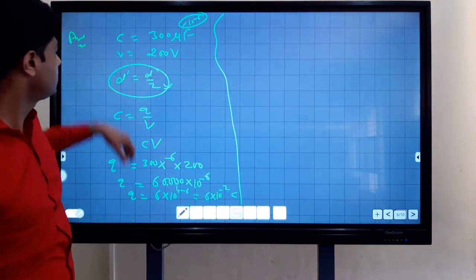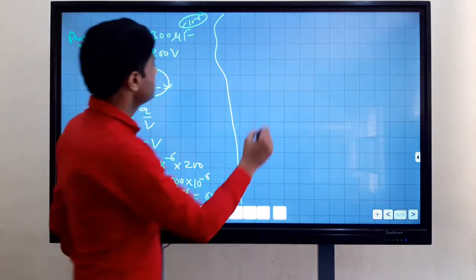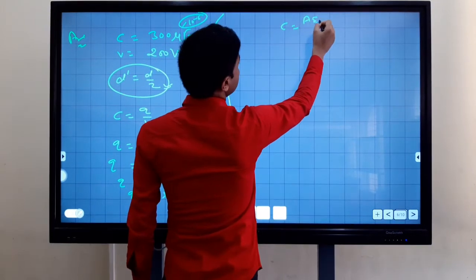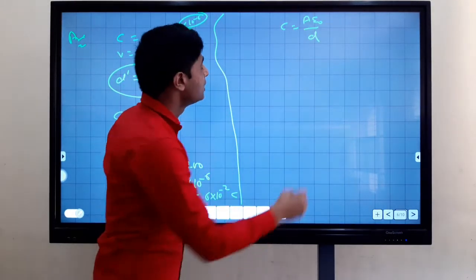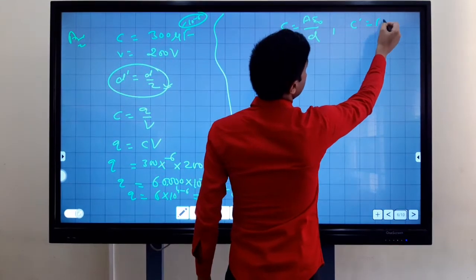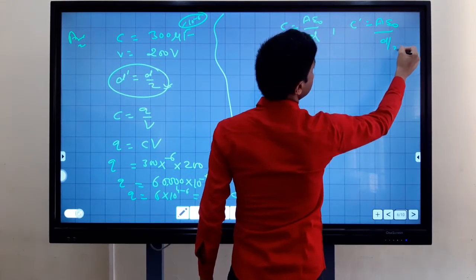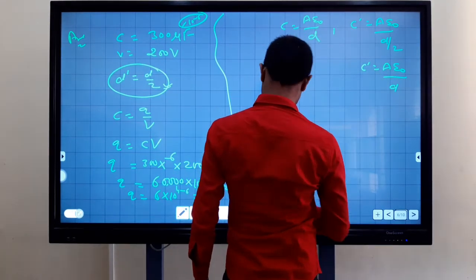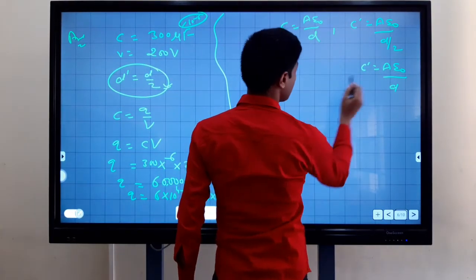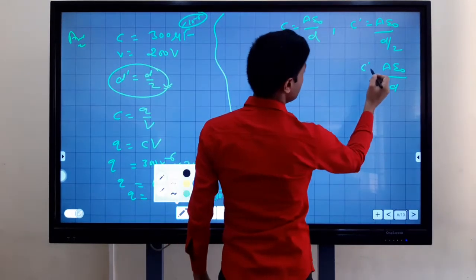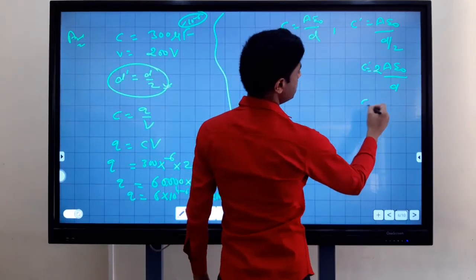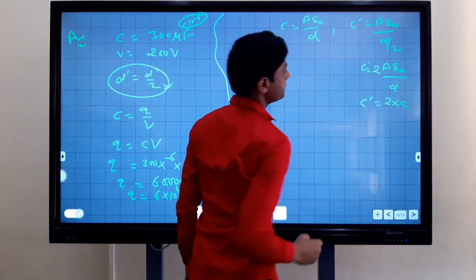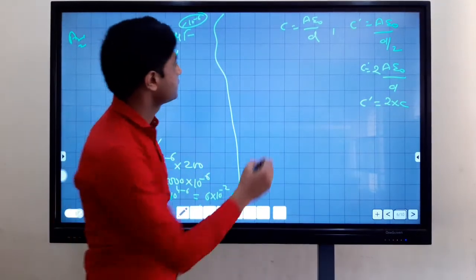But when the distance is half, let the initial capacitance C equal A epsilon naught upon D. When the distance is half, it becomes A epsilon naught upon D by 2. It means C dash is equal to 2 into C, double the initial capacitance.